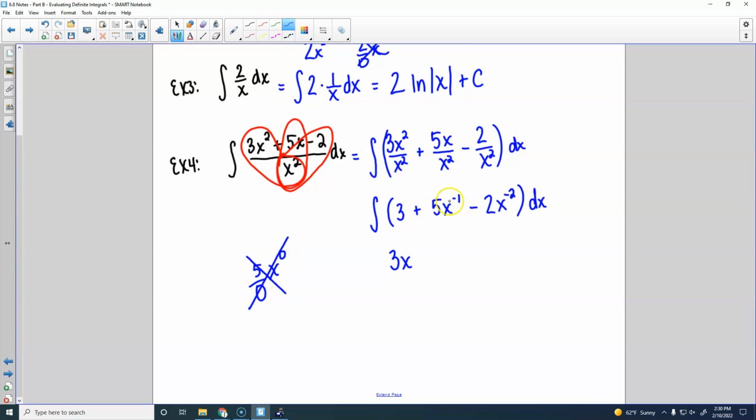So that x to the negative 1 is 1 over x, right? So this is going to be plus 5 natural log of the absolute value of x. And then this one, we're going to raise our exponent by 1, which will give us negative 1. We will divide out front by that negative 1, which will give us a positive 2. And because this one is not a definite integral, we need to put a plus c on the end.